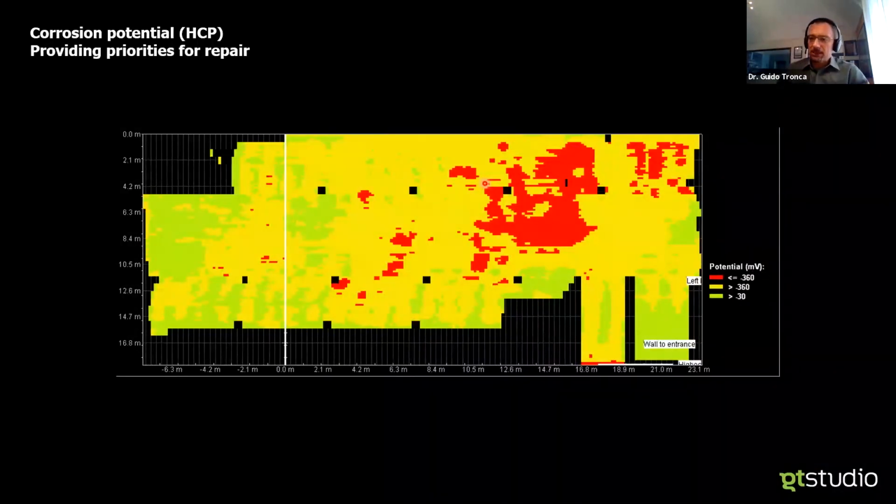It enables the user to provide the final customer, the contractor, with red, green and yellow areas that are really maps of priorities. Red area, go, open, and check, and very likely start putting some money into account for repairing. Green areas, you can save your money, sir, for today. Let's keep an eye and let's monitor this bridge tunnel lining at the next round.